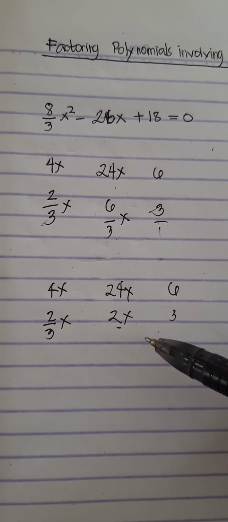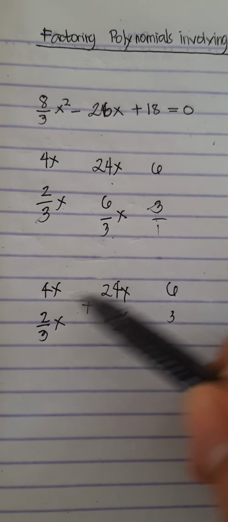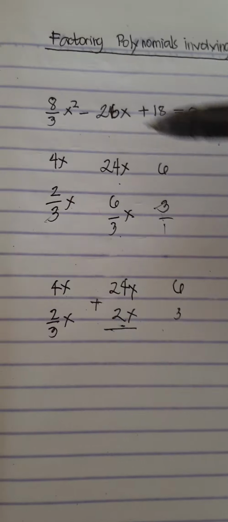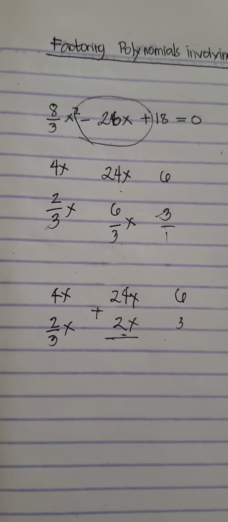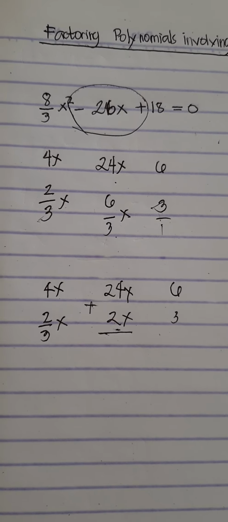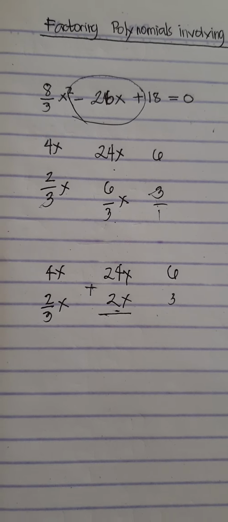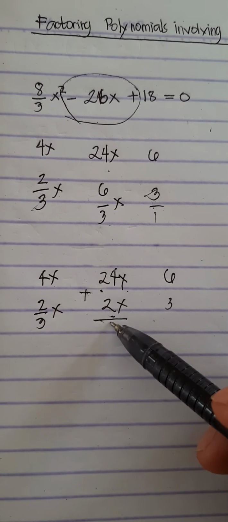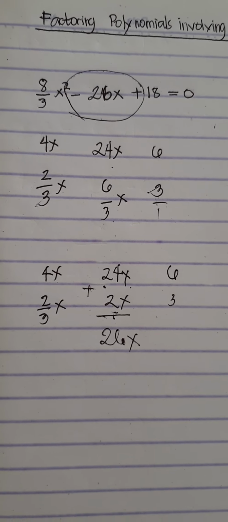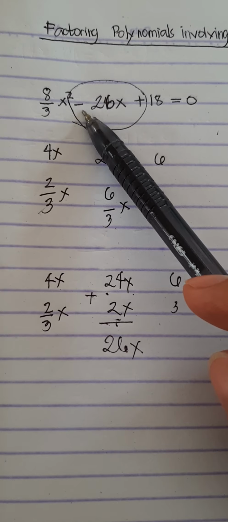Okay, the next process would be adding the products of the first layer of the factors. And if the answer is equal to the middle term, therefore you have found the correct factors. So let's say we have 24x plus 2x, you have positive 26x. But in your original equation, you have negative.